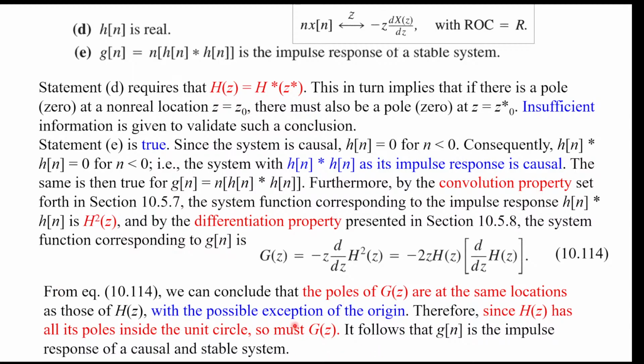I guess we also need to say it's still rational, because z is rational, H is rational, and dH/dz is still rational. So G(z) is causal, rational, and has all poles inside the unit circle, so it's stable. It's a very long argument. Any questions so far?